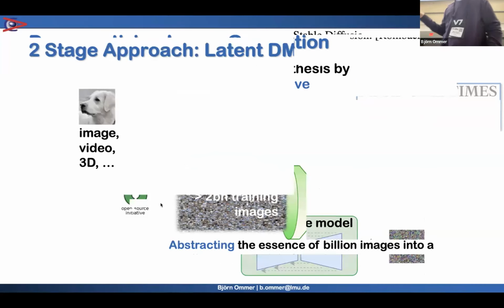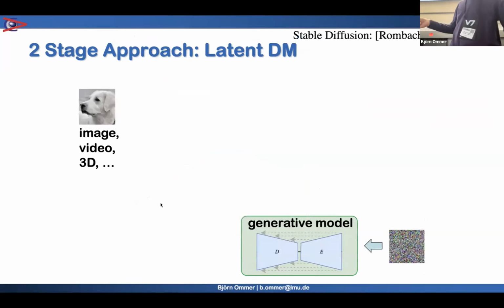For that, we then assumed that we have a generative model, in that case, this UNet architecture that slowly transfers over to that screen there, where you can take random noise, take this UNet architecture and turn that into an image of the dog there, top left. But we are not doing that directly from the noise to the image, but rather suggested a two-stage approach.